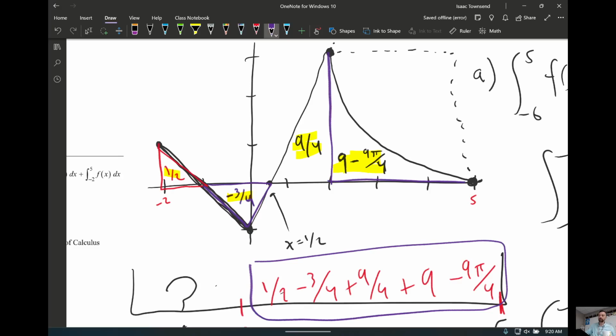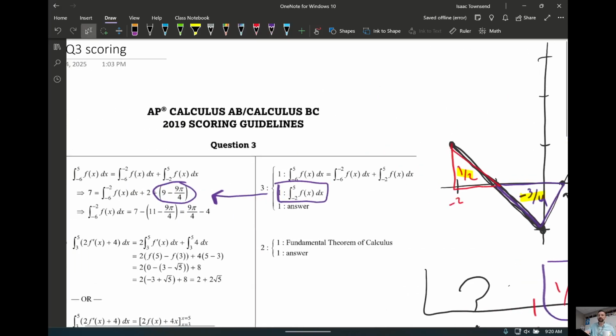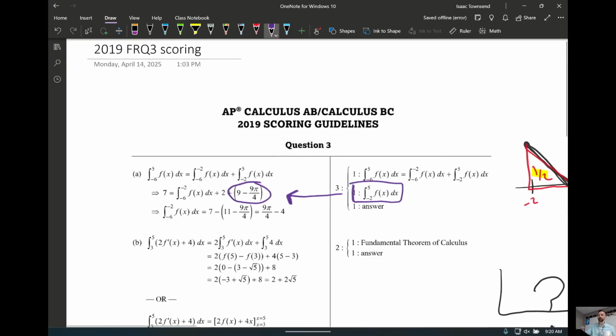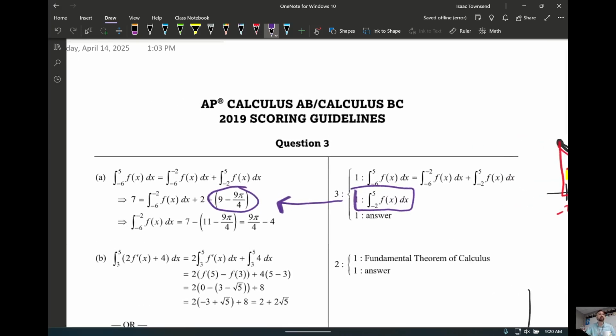If you combine the plus 9 plus a half minus 3/4 plus 9/4, you would get 9 minus 9 pi over 4. So if you did the area part by hand correctly and you showed that, then you get a point. But the final answer was this or something equivalent to this. Again, I didn't write it that way. Mine has a big messy arithmetic, but if I put mine in the calculator, it would be equivalent to that.